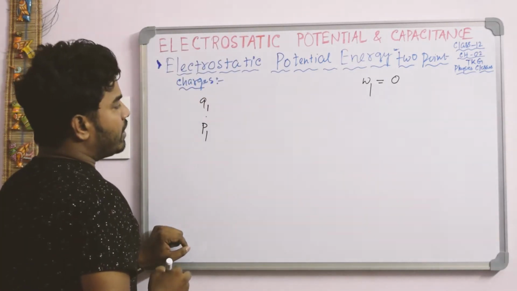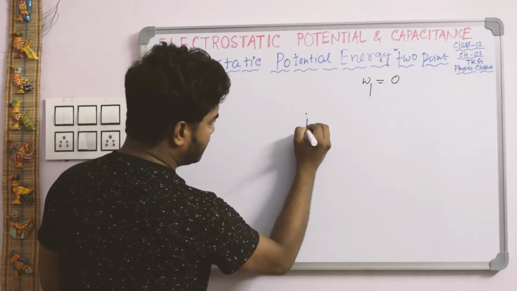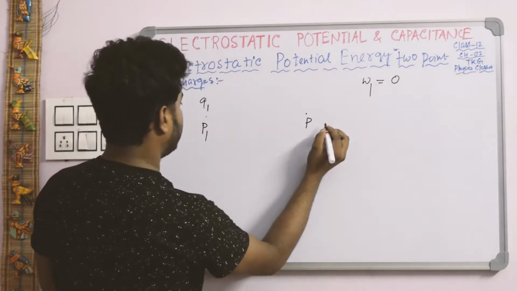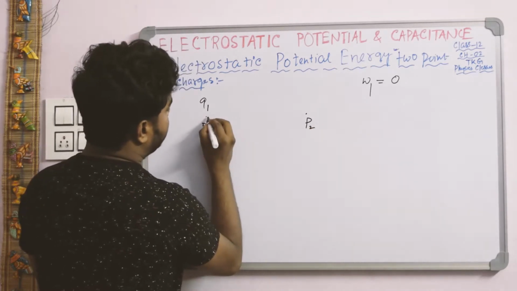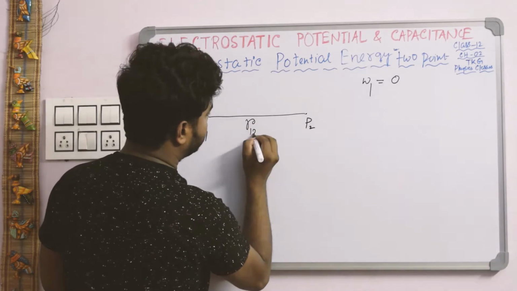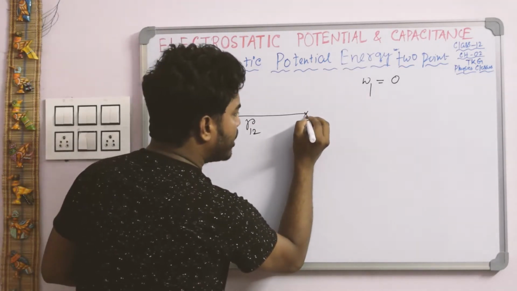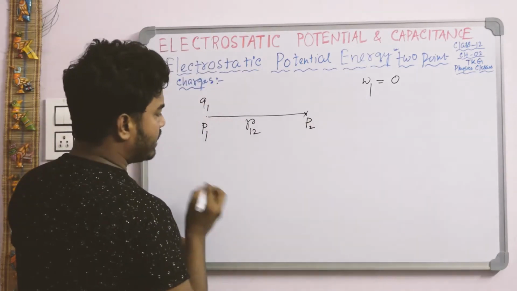Now suppose we consider another point P2, and the separation between P1 and P2 is R12. What will be the electric potential at point P2? Write it down.